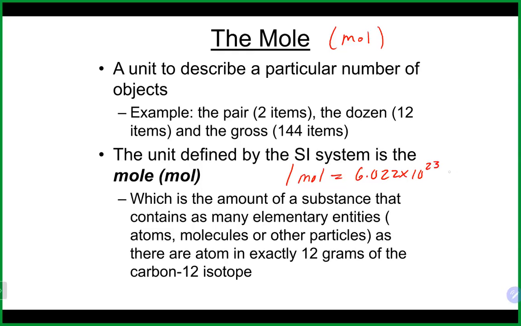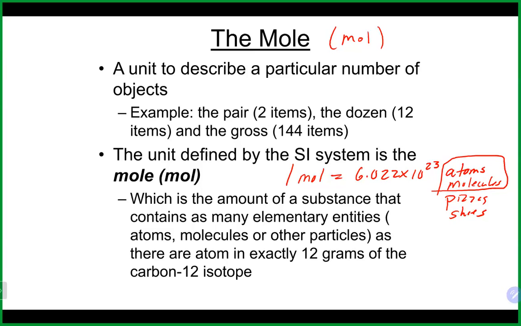These could be particles. These could be atoms, which is very common. These could be molecules. These could be pizzas, shoes, whatever it may be. Probably the occasional pizza question, but atoms and molecules are the units that you will see the most. So a mole of anything will represent that number.